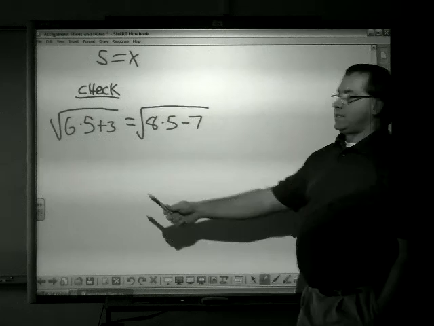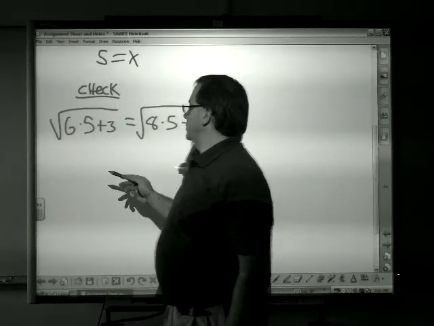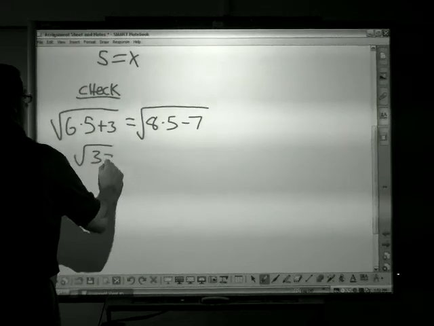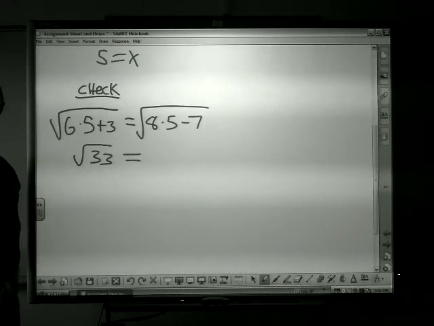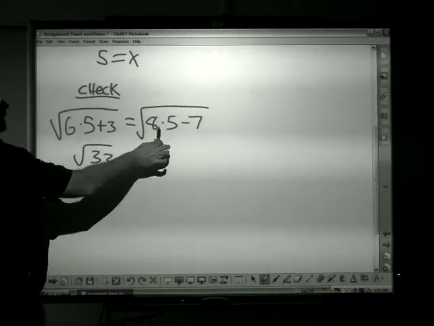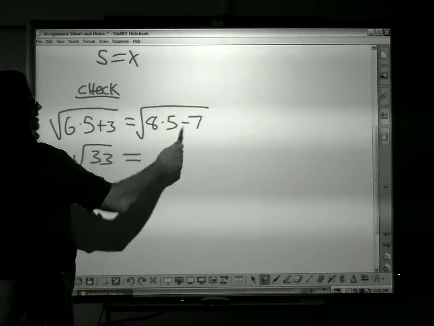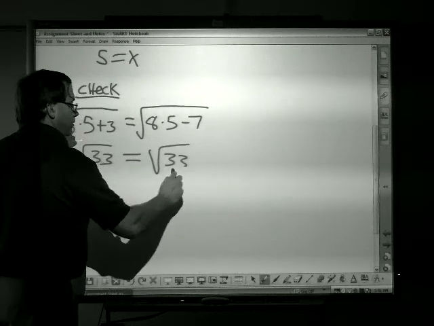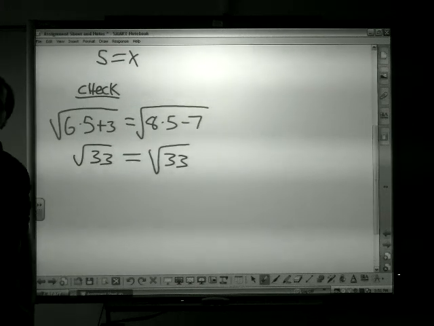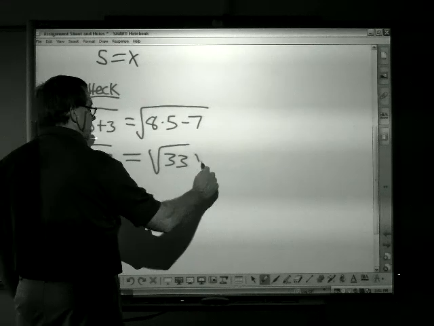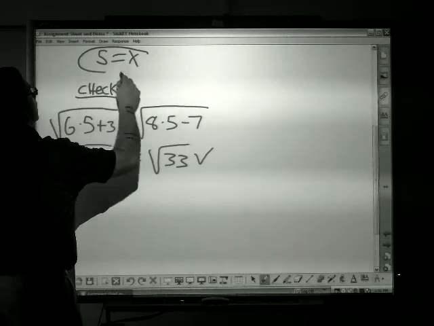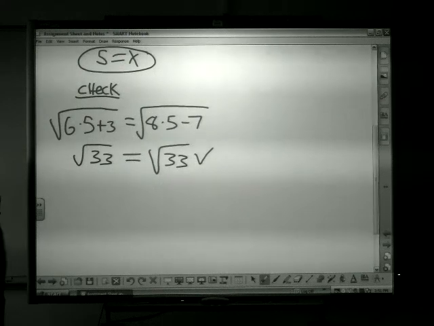Well, 6 times 5 is 30 plus 3 is 33. I don't know what the square root of 33 is, so I'm just going to leave it. 8 times 5 is 40 minus 7. That's 33. Square root of 33, does that equal the square root of 33? Yep, that checks. So therefore, circle your answer. That's a good answer.